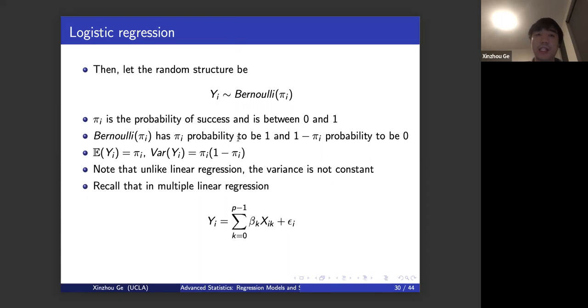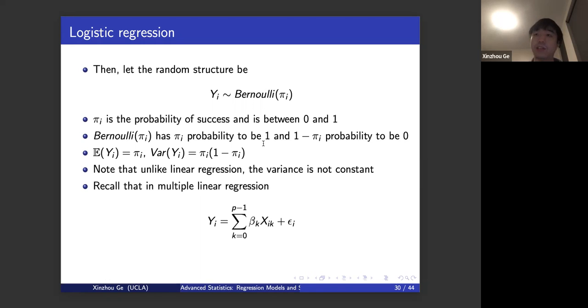We have to consider the random structure. We can assume that the response yi for the ith individual follows the Bernoulli distribution with Bernoulli parameter equal to pi i. If you are not so familiar with the Bernoulli distribution, the Bernoulli distribution with parameter pi i has probability pi i to be 1 and probability 1 minus pi i to be 0.